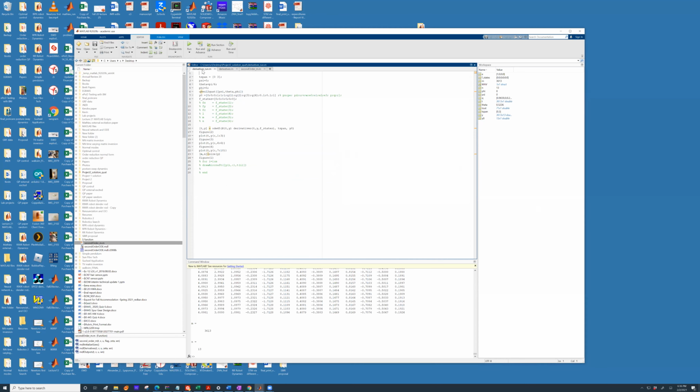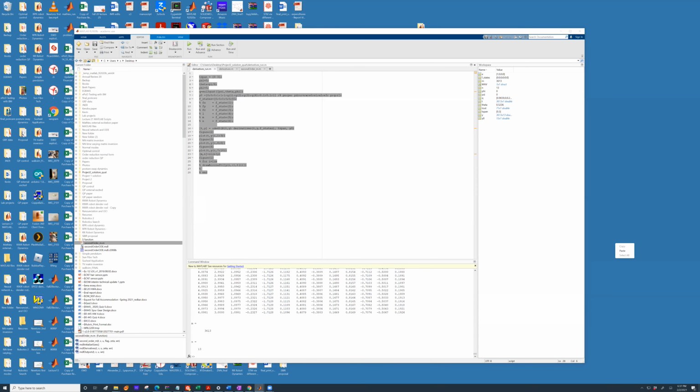Then I'm going to give you the derivative run function. I'll give you the whole function. So this is the whole function.